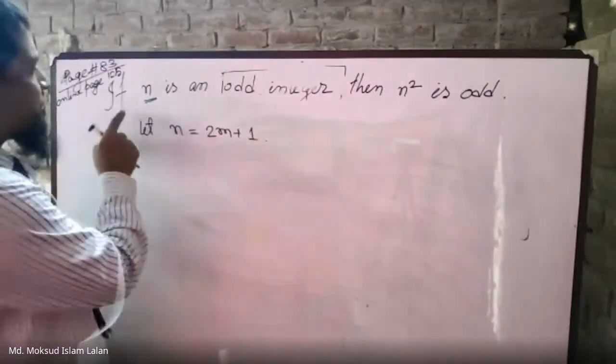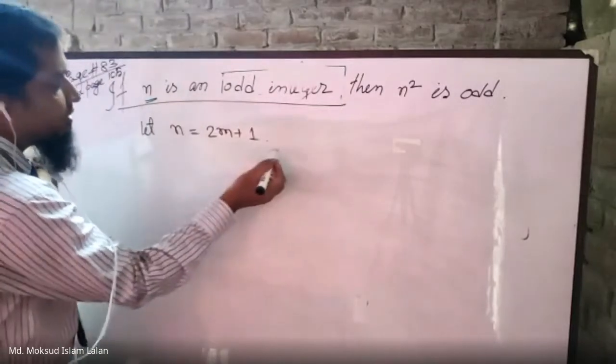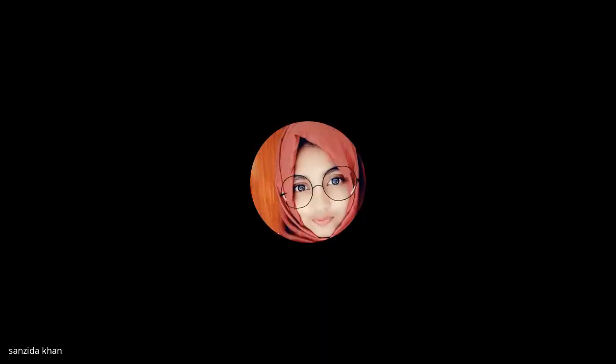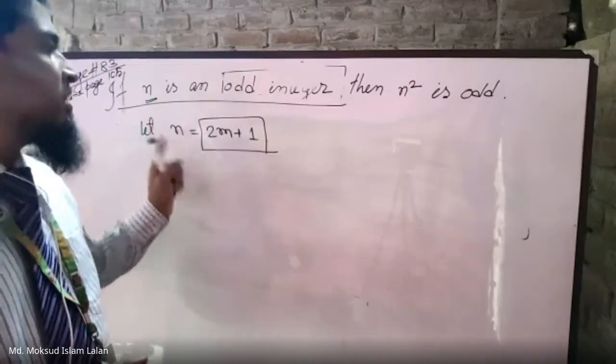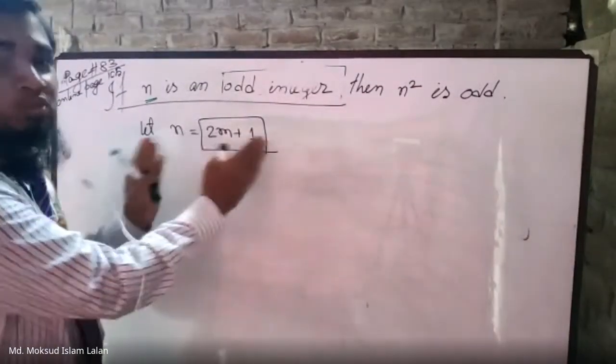Anyway, now coming to the point. If n is an integer number, we have done it. What is n? This is the n, right? Yes, sir. Now we have to prove this n square is odd, right? So we have to square on both sides.